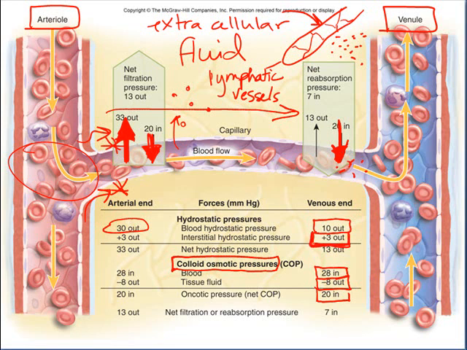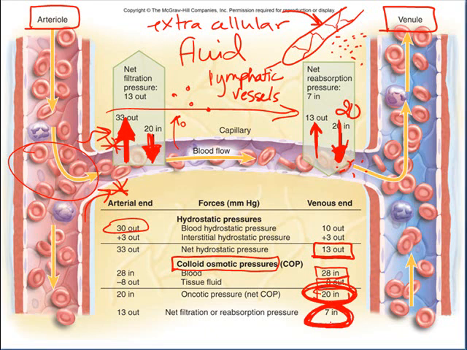So the net result is I have a total drive out of the blood from hydrostatic pressure, a value of 13 pushing out. But I have a value of 20 for colloidal pressure pulling in to the blood. If I add 13 out plus 20 in, I get an overall drive of fluid into the blood, into the venous end of the capillary bed with a value of about 7 millimeters of mercury.